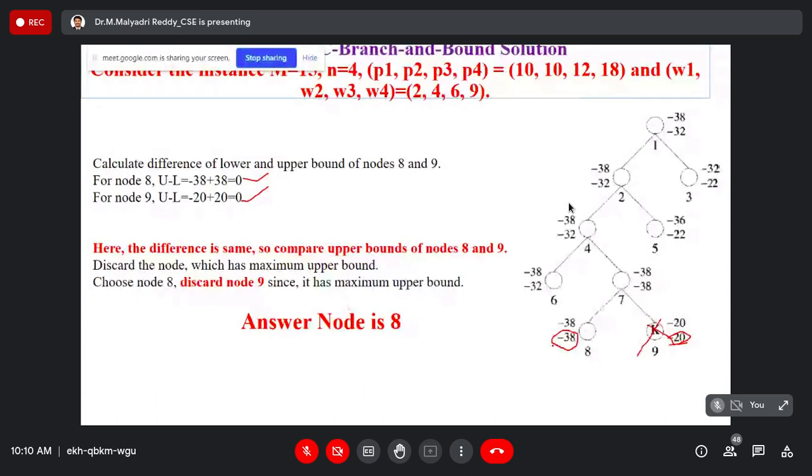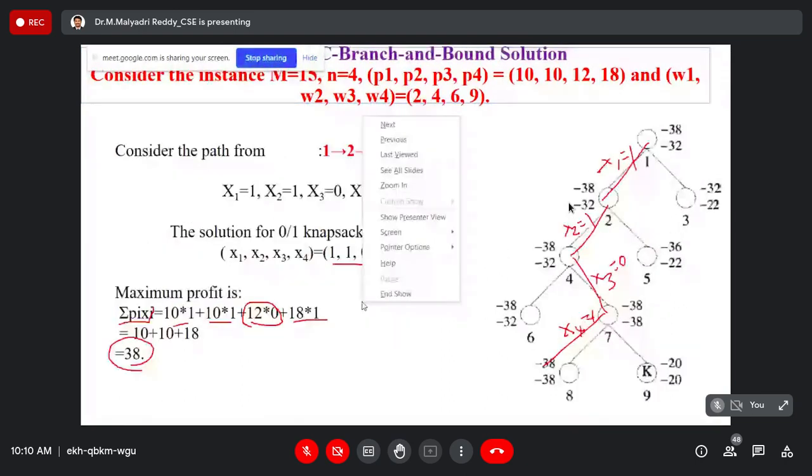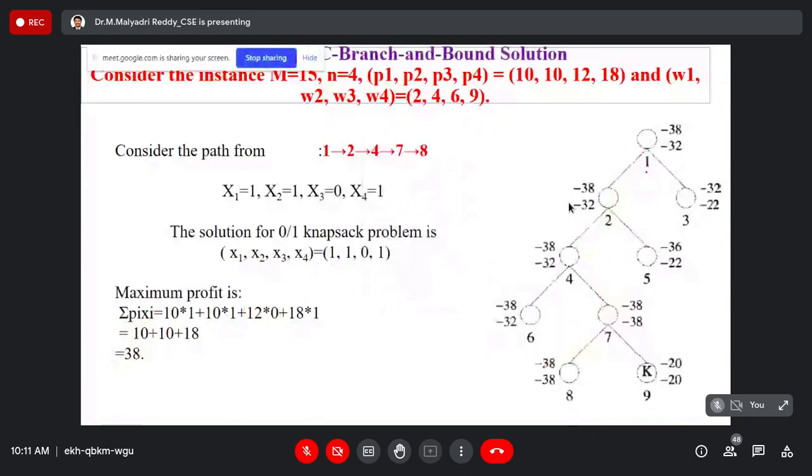So choose the 8 as the answer node. From the node we have to identify which elements to include. The path is 1 to 2, 2 to 4, 4 to 7, 7 to 8. x1 is equal to 1, x2 is equal to 1, x3 is equal to 0, x4 is equal to 1.